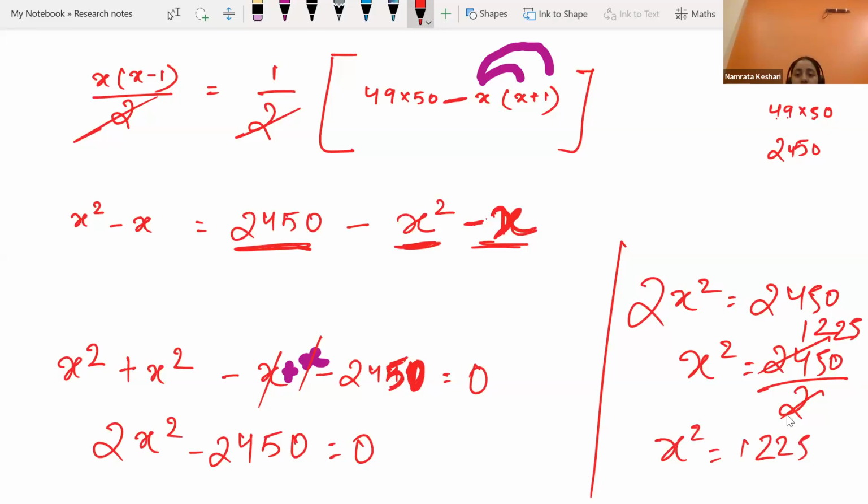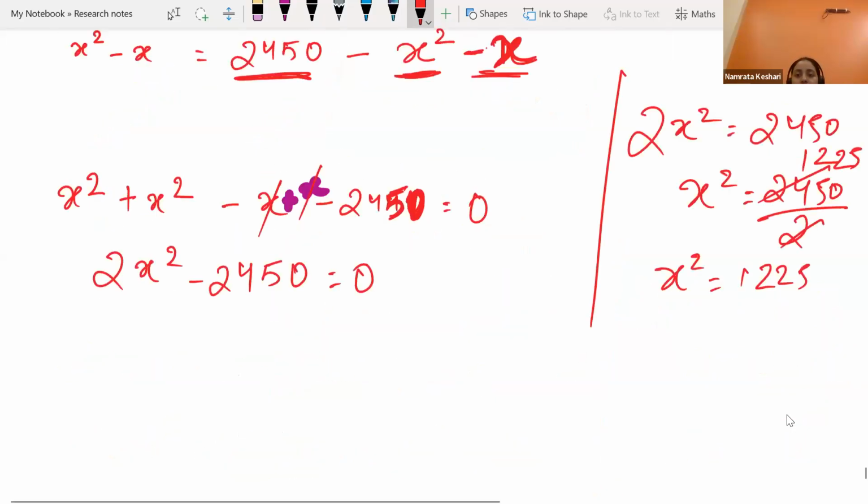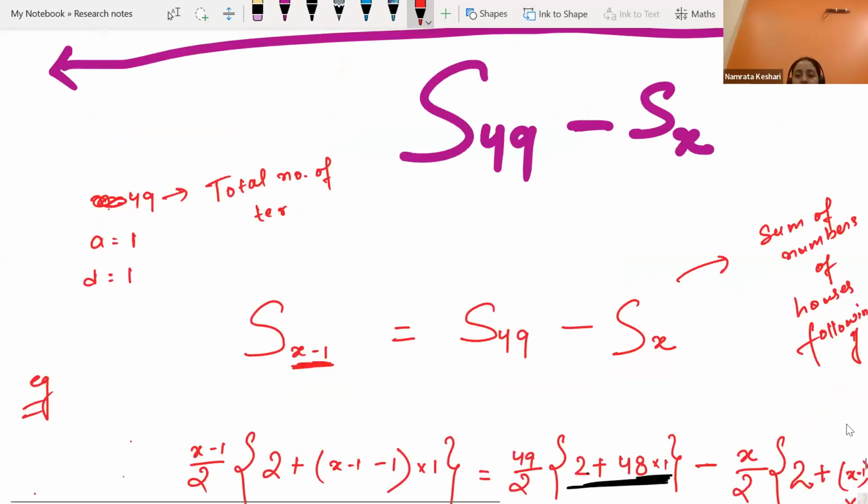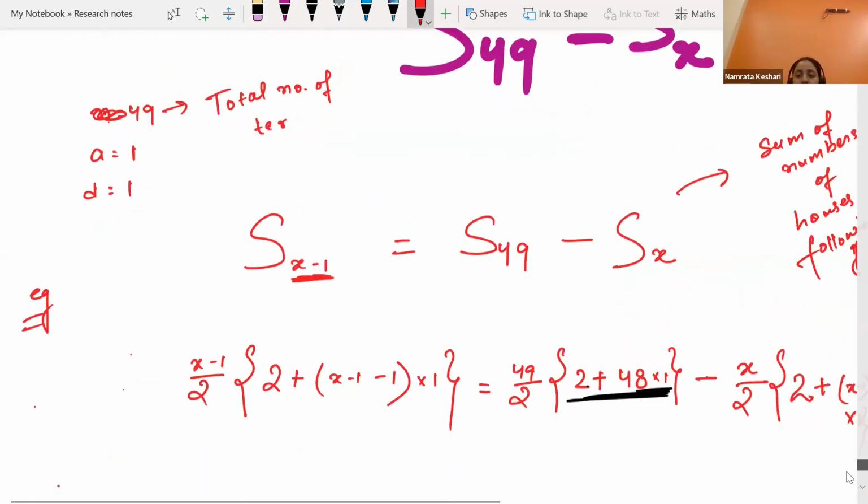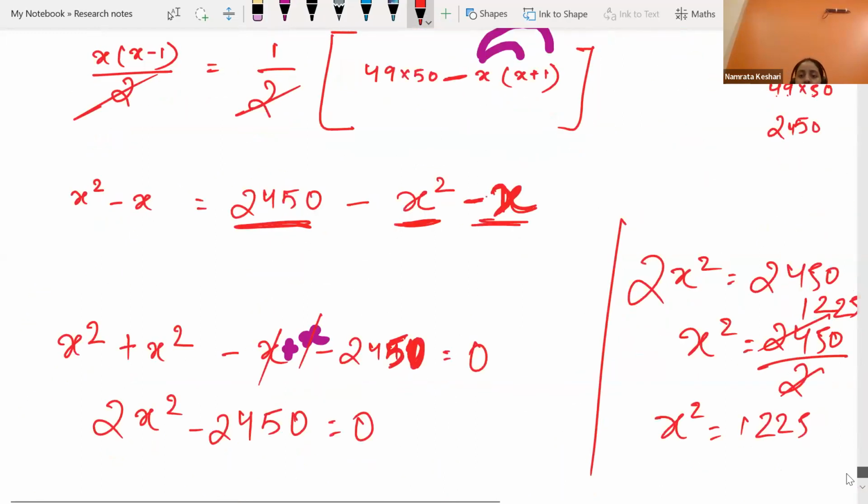So x is plus minus 35, but since we are talking about the placement, it is 35.